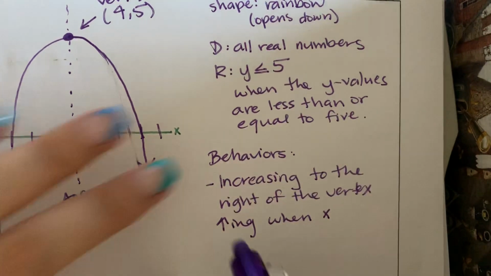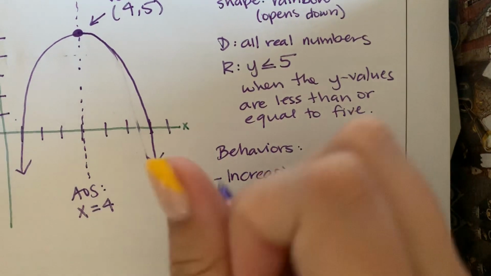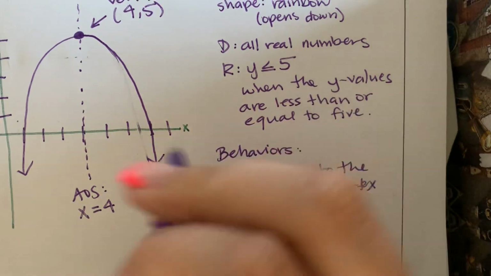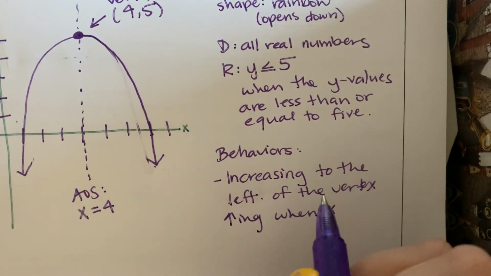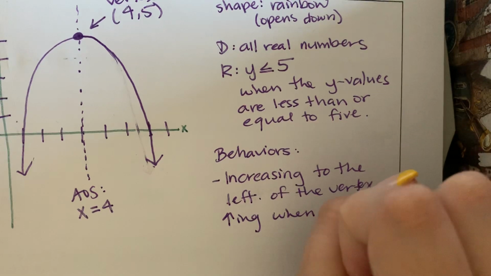Oh sorry, it's supposed to say to the left. Increasing to the left of the vertex, so increasing when x is less than 4.